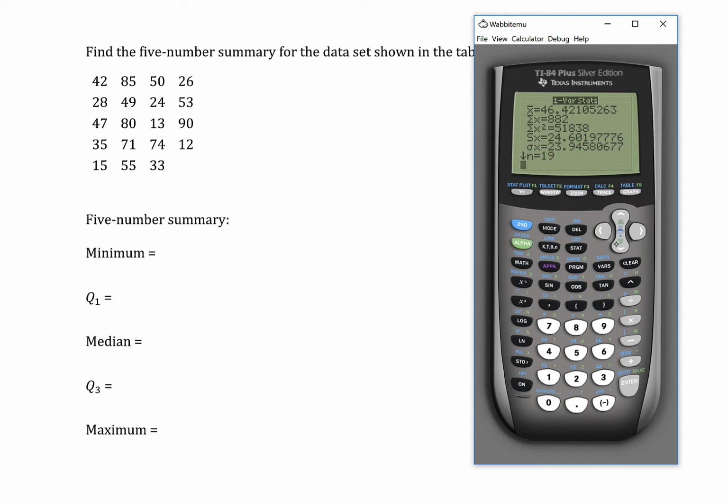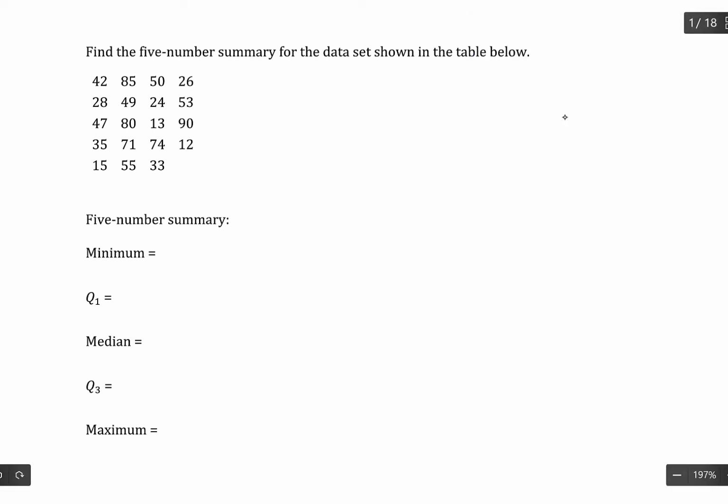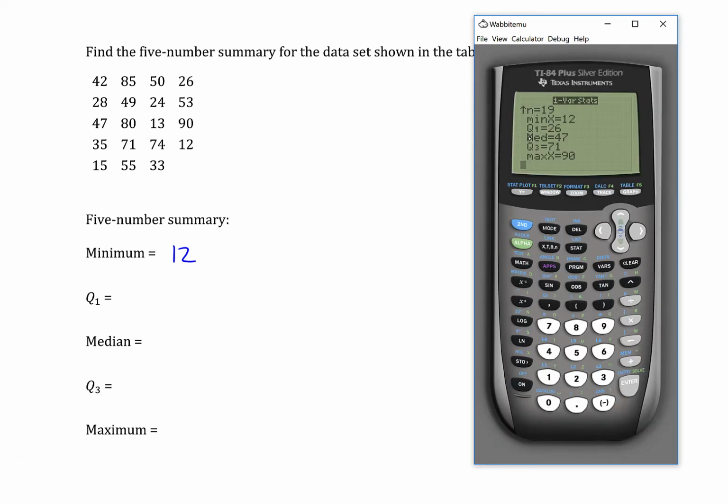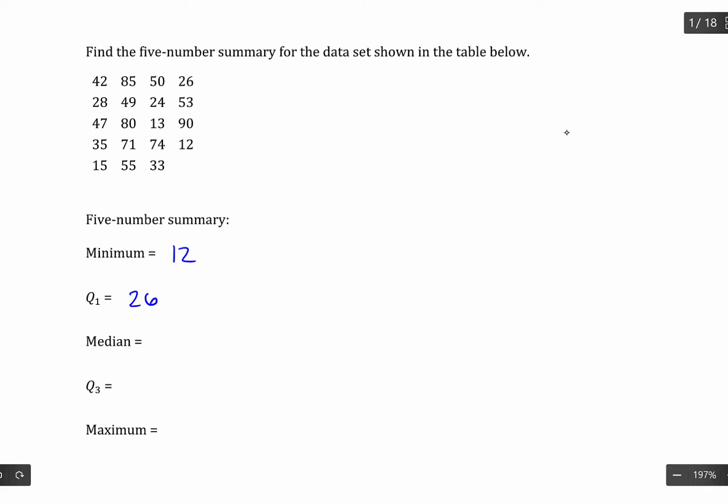Now, the values of the 5-number summary are on the second page of output. So we have to scroll down in order to see that. Starting with minX, that's the minimum value of our data set, and the minimum value here is 12. Then the next value given is Q1, the first quartile, which is 26.